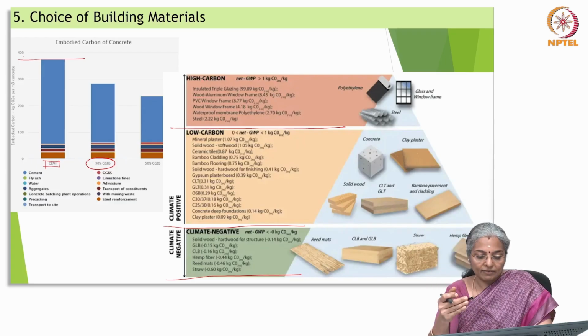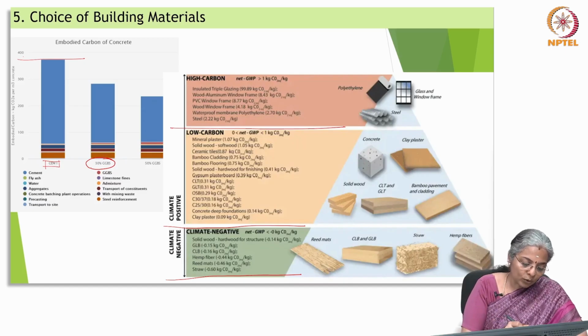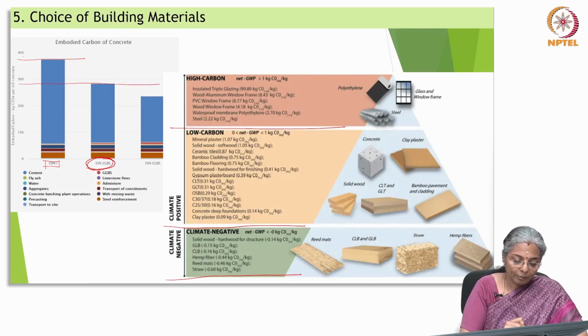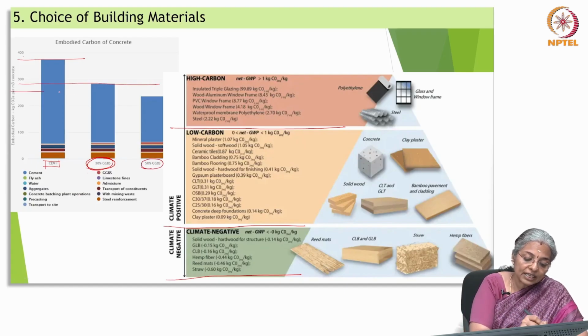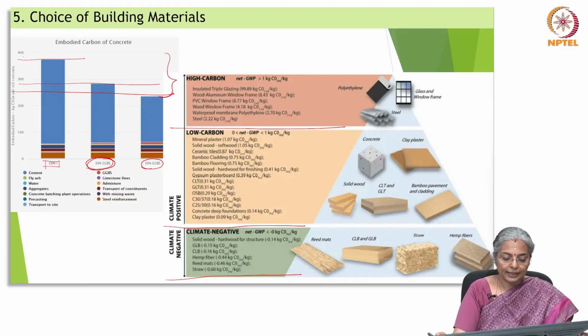Here I have given a list of materials. If you use ground granulated blast furnace slag in cement, you can reduce a considerable amount of embodied energy. If you increase your GGBS by 50%, you can further reduce the CO2 emission as compared to conventional concrete.